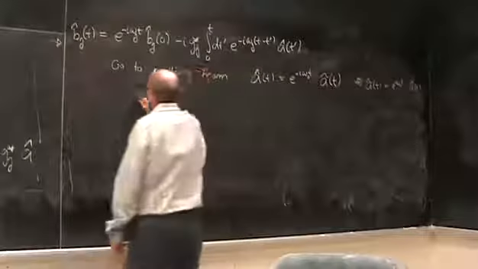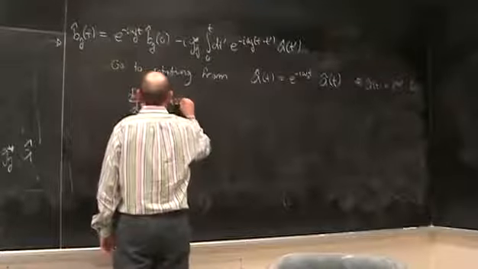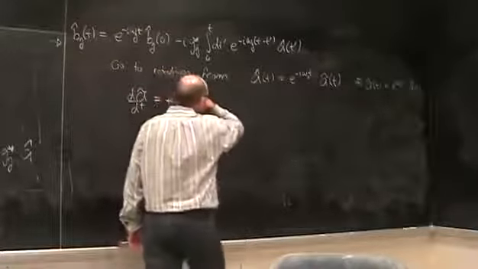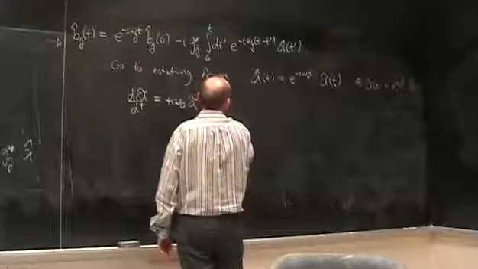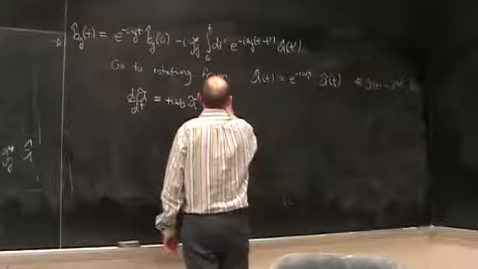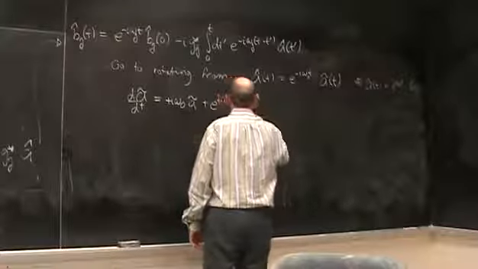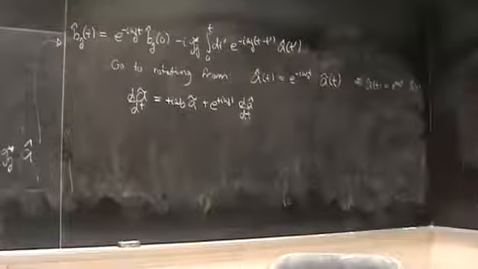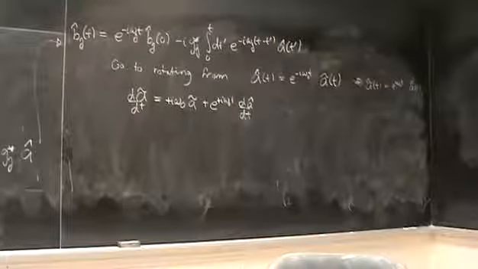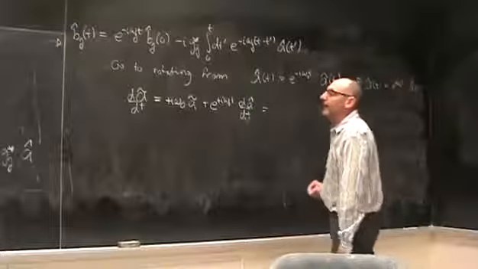So d a tilde dt is equal to plus i omega naught a tilde plus e to the plus i omega naught t d a hat. Okay, so now I just plug back in over here, and that gets rid of the free evolution.